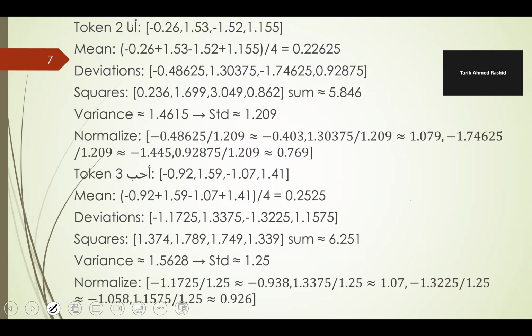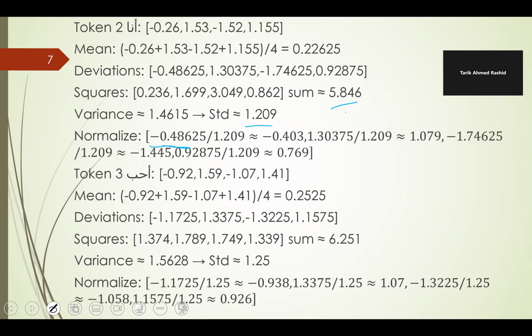That's how it is done. Here the deviation is done, and we get the sum of the squares of the deviations and divide it, and then we get the standard deviation by taking the square root of that value. Now, the normalized value will be the deviation over the standard deviation.